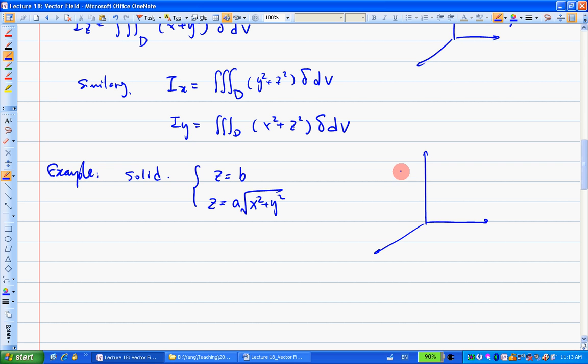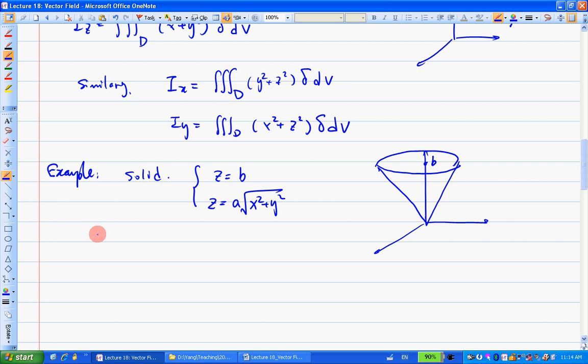So we draw the cone first, and that cone will be intersected by the plane. The top of the cone is the plane, so the center point here will be at value b. So here is the solid.